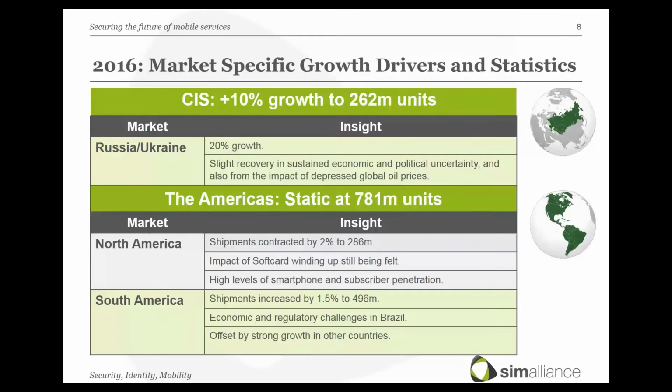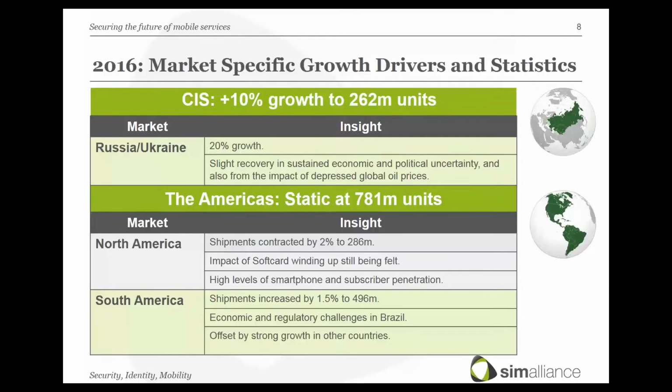But obviously the kept-back demand is now coming up, and this market might have even more potential in the next quarters to come. And you see that the Russia-Ukraine market has even grown by 20%, which I think is a very good growth rate. Coming to Americas, all in all static.